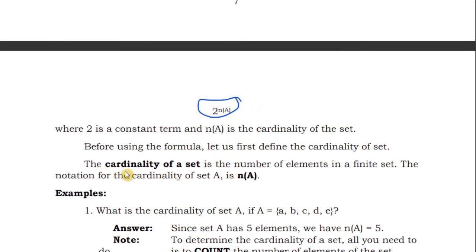If we talk about the cardinality of sets, it is the number of elements in a finite set. If we identify the cardinality of set A, we count 1, 2, 3, 4, 5, so the cardinality of set A in this example is 5.